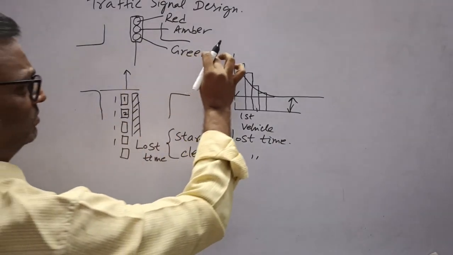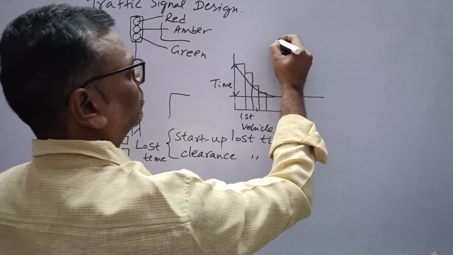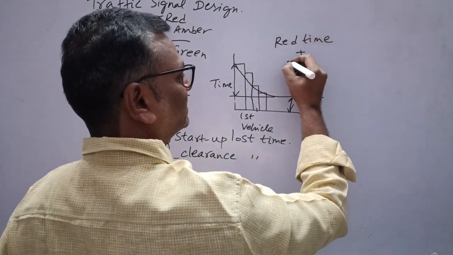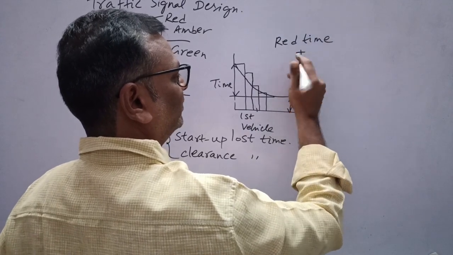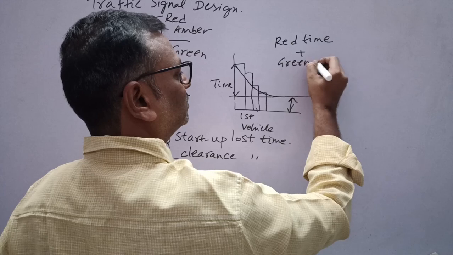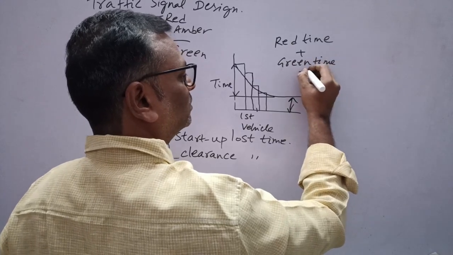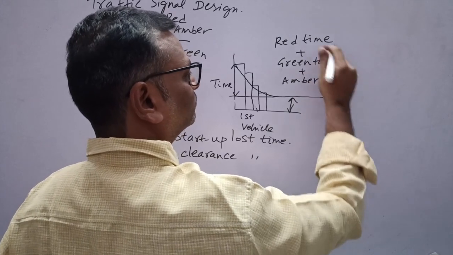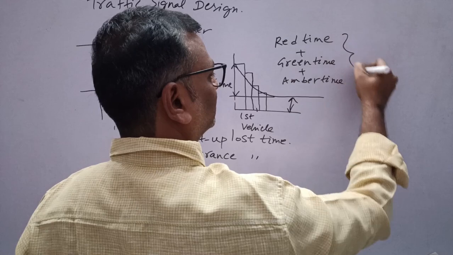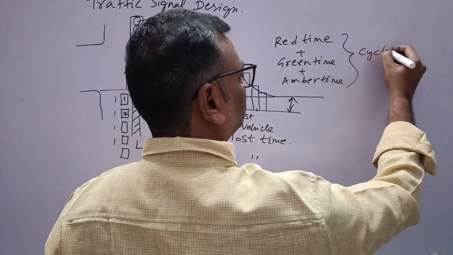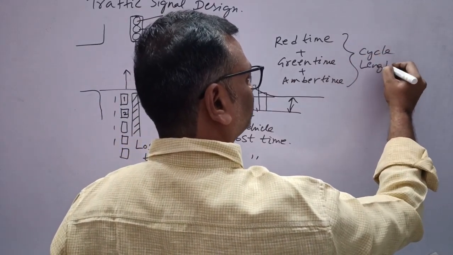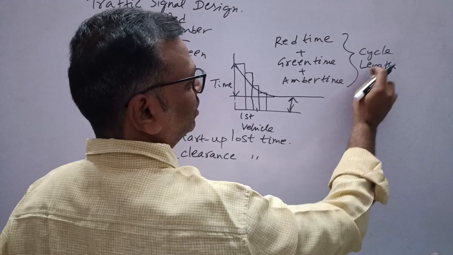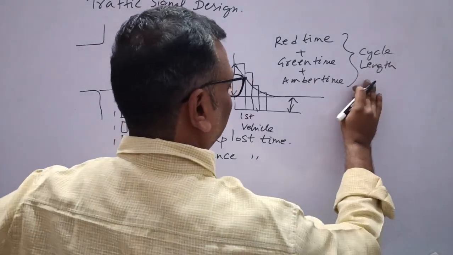So the combination of these three: red time plus, after red, green time plus amber time. The sum of these three is called cycle length. Length means time, it is time only. We call it cycle length.